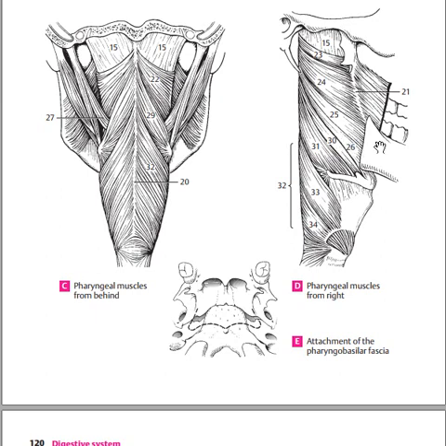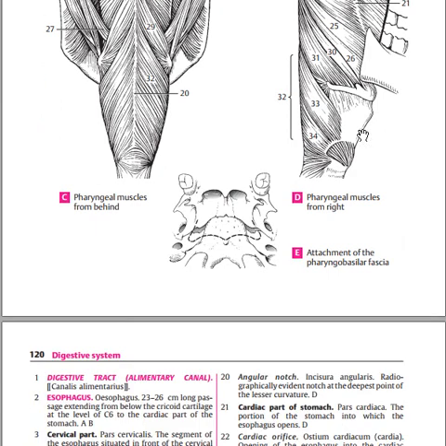Glosso because it connects to the tongue, mylo because it connects to the mylohyoid line of the mandible. 24 is the buccal because it connects to the buccal cavity, and 23 is the pterygopharyngeal because it connects to the pterygoid plate. But you need to know that all these connect to the pterygomandibular raphe generally.